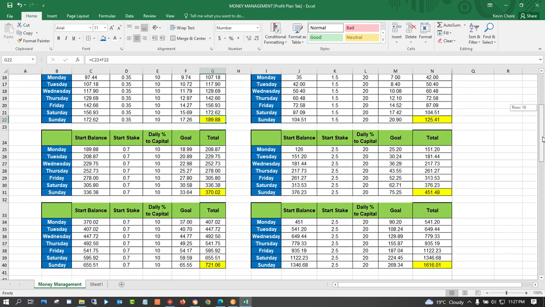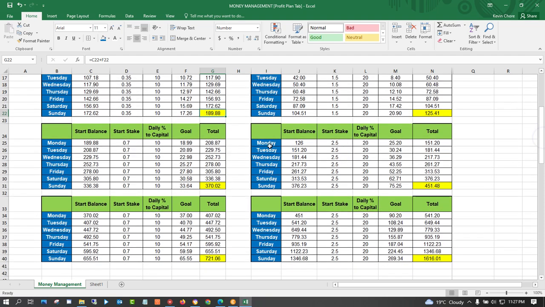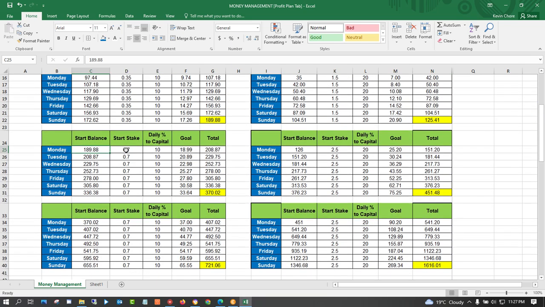So now for the next week, and now this is the 3rd week over here, this now becomes your opening balance for the 3rd week, right? But now you are changing the stake to 0.7. Yes, you just multiply this one by 2.